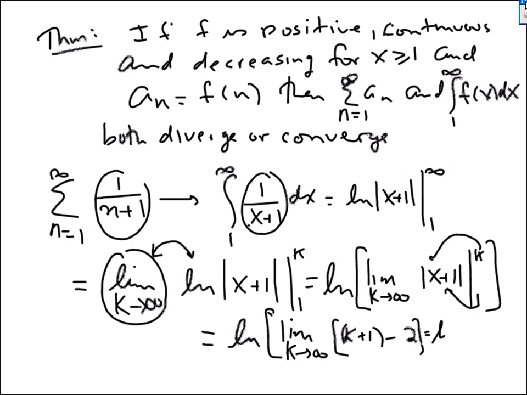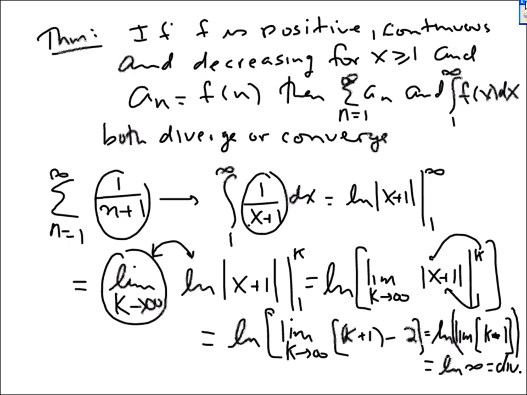So we get ln of the limit of k minus 1. But the limit is going to be infinity. So now you have ln of infinity, which diverges.